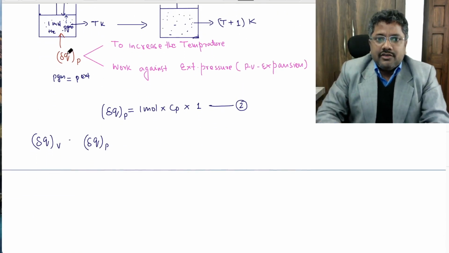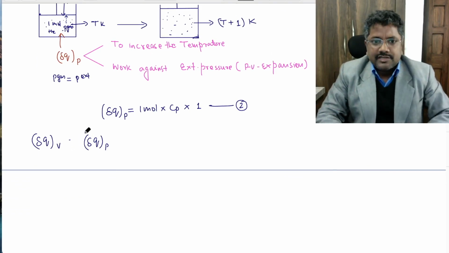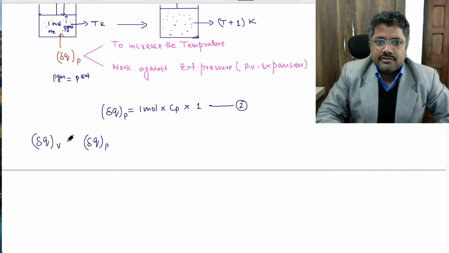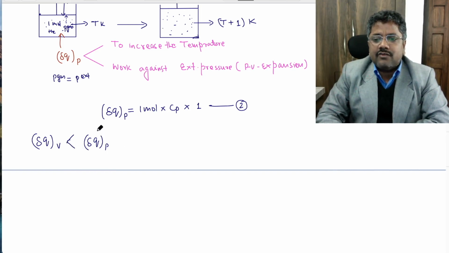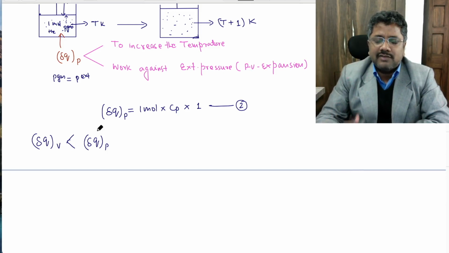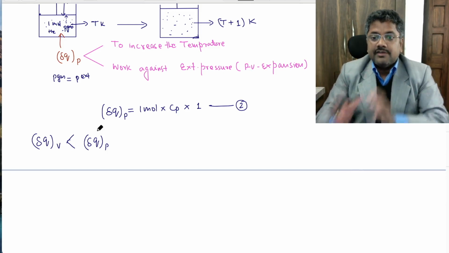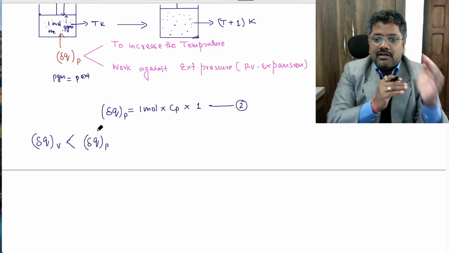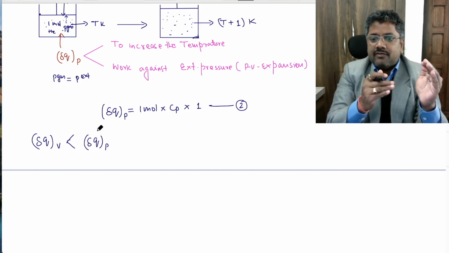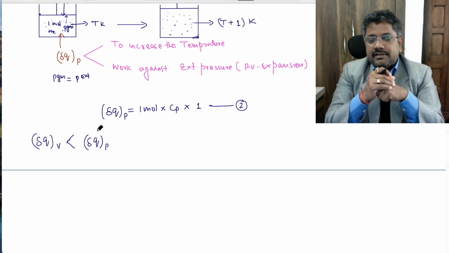So in QP and QV, you have a direct relation. No mathematical proof is required, only common sense, right? Since QP is larger, more heat is required to raise the temperature of 1 mole of the same gas by 1 degree. If you wish to increase the temperature of a gas by 1 degree, different heat is required under constant volume and under constant pressure, and under constant pressure more heat is required.